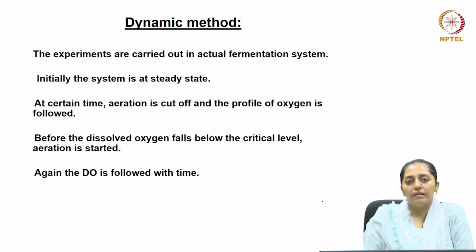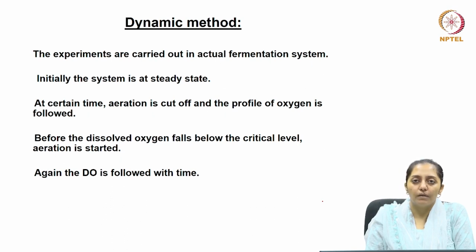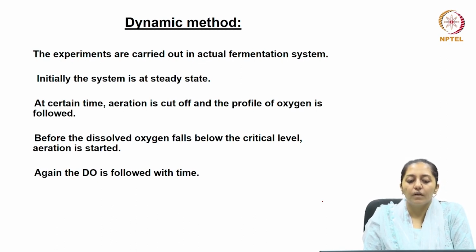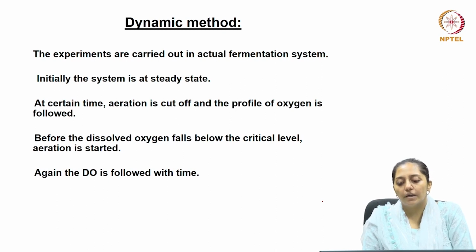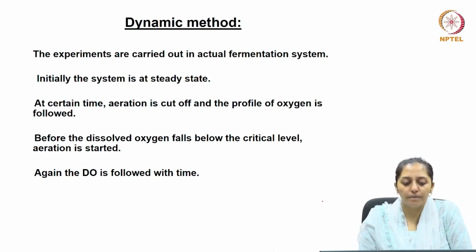There is another method called the dynamic method, which will give you a better approximation of KLa, because there will be culture growing inside the fermenter system. So, it is much closer to a real situation. The experiments are carried out in an actual fermentation system.